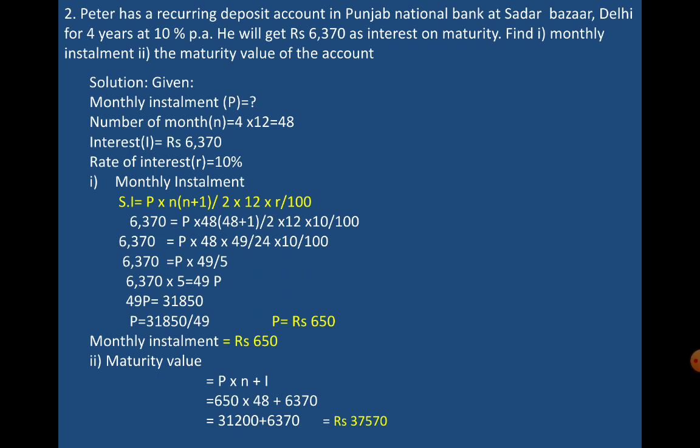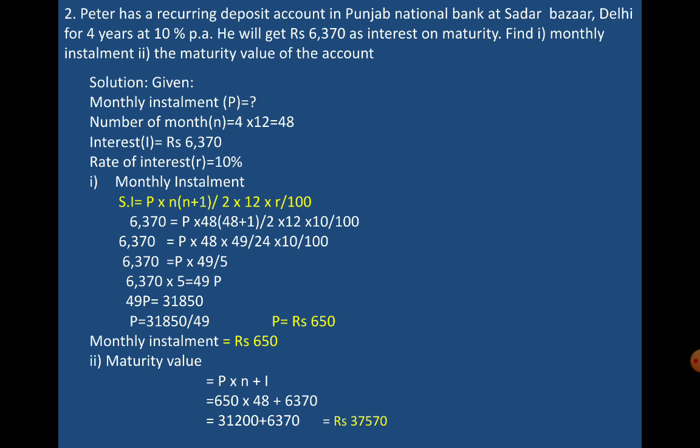So P equals 31,850 divided by 49, transferring 49 to the other side. After dividing, we get P equal to rupees 650. So the monthly installment paid for the RD is rupees 650. Peter paid a monthly installment of rupees 650.